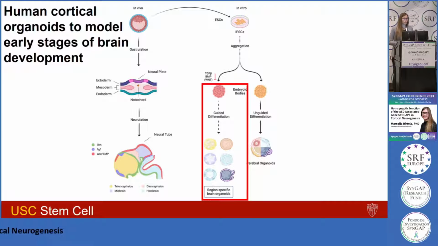So really what we do in the lab is to take inspiration from what happens in vivo. As you see here on the left side, in vivo after gastrulation, there is the generation of 3 different germ layers, where the ectoderm will generate the neural tube that upon folding will generate different parts of the nervous system.